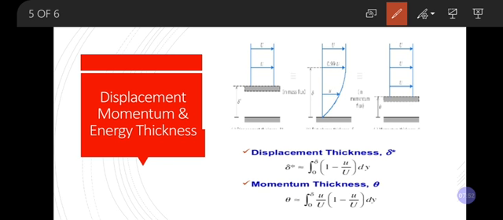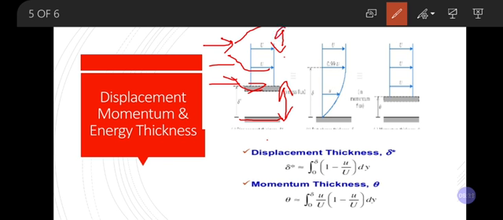So if this is the boundary, it is measured perpendicular to it. When my main stream is flowing, it is displaced by a certain distance, and that distance is called the displacement thickness.